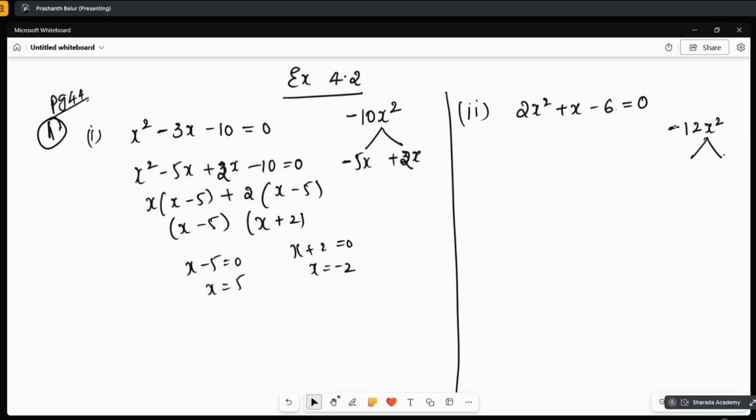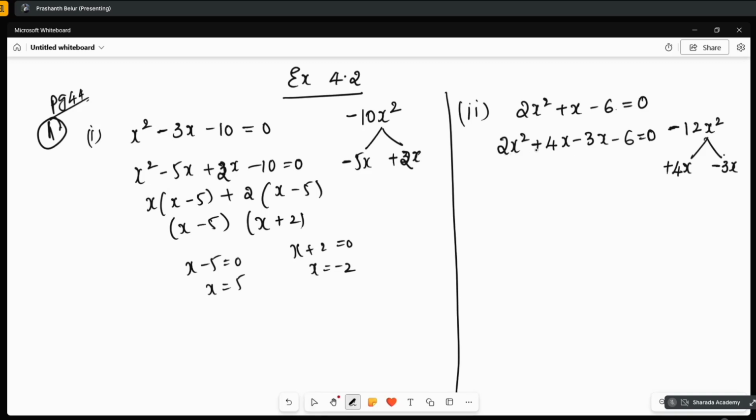What are the factors you got? 4 and 3. Which is minus, which is plus? 3 is minus, 4 is plus, correct. So while writing, you have to write plus 4x and minus 3x. Now 2x square plus 4x minus 3x minus 6 is equal to 0.